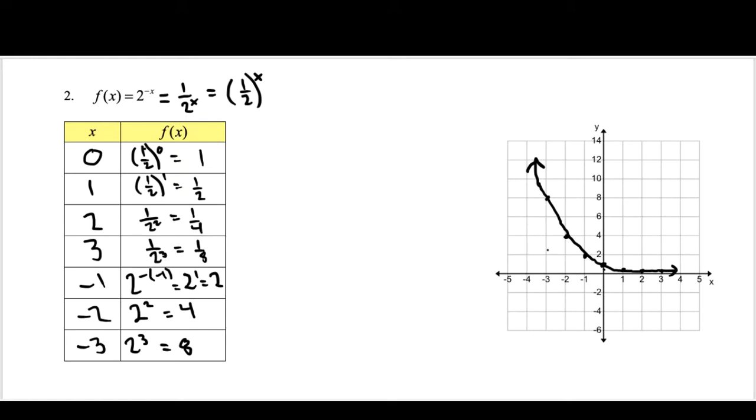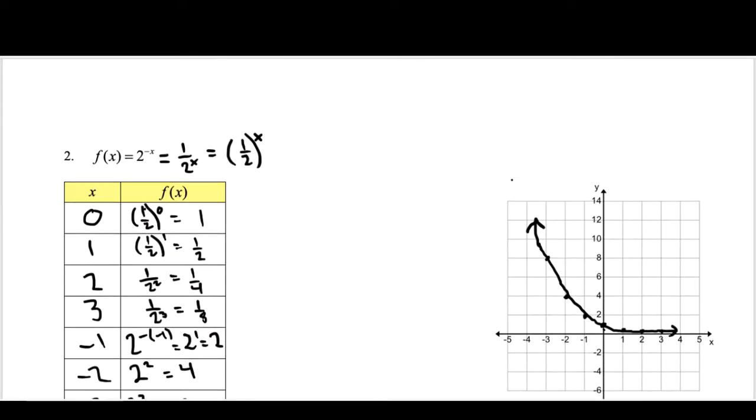If you have an exponential function where the base of the function is a number between 0 and 1, then you'll see the graph look something like this. It'll be decreasing over its entire domain. In this case, the base is 1/2, because the function is 1/2 raised to the power of x.